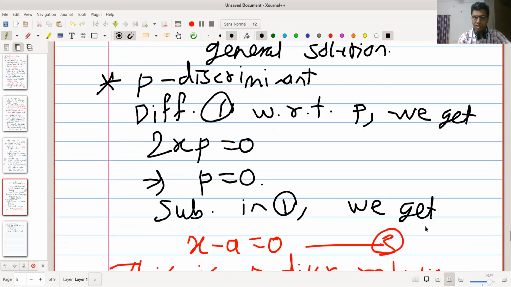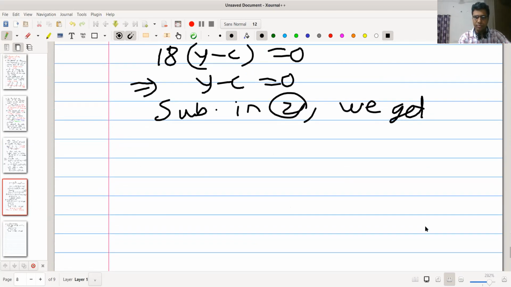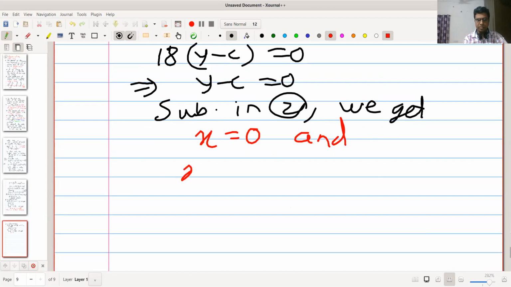That means x equal to 0 and x minus 3a equal to 0. So these are the c discriminant relations.